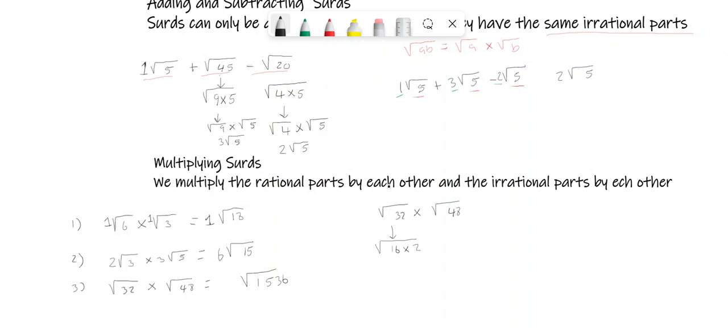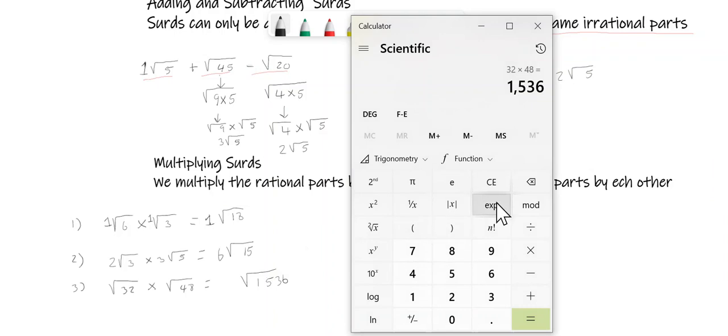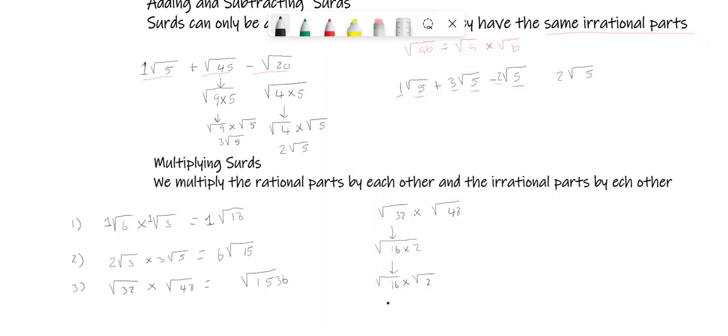Then using this rule, we can write that as the square root of 16 multiplied by the square root of 2. The square root of 16 is just 4, so that's going to be 4 times the square root of 2.